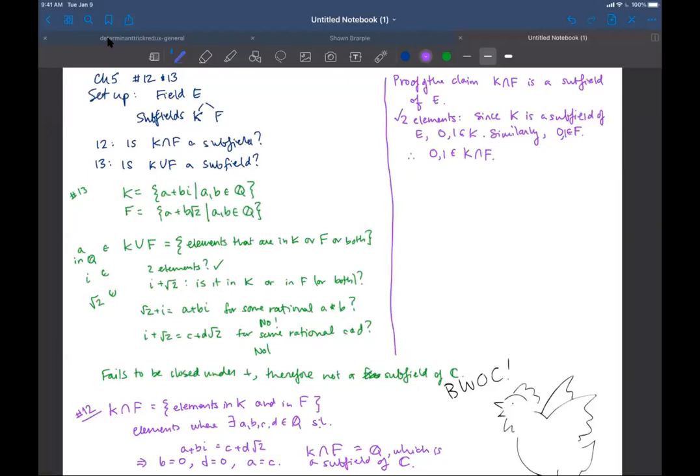All right, if I go through the rest of the subfield theorem, I need closed under addition, closed under multiplication, and closed under taking inverses for elements. So let's see.